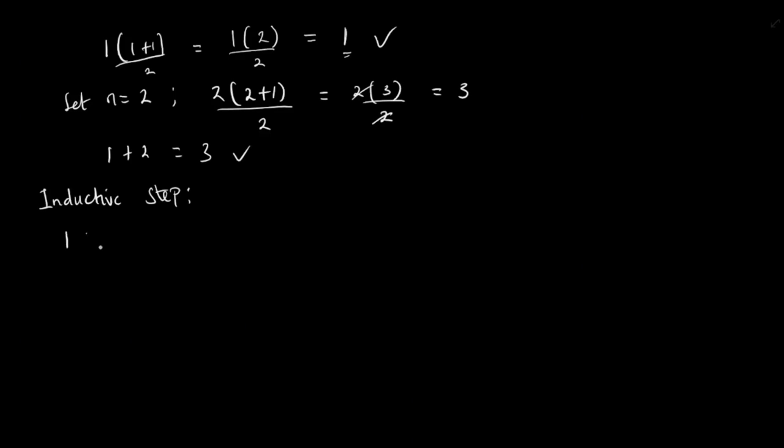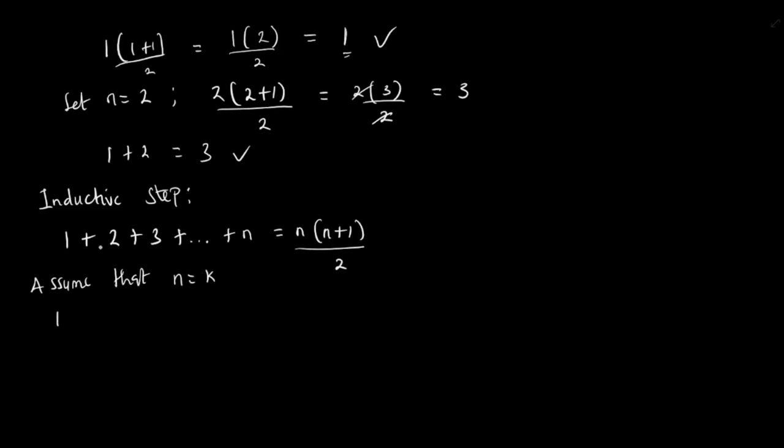The question says 1 plus 2 plus 3 plus all the way to n is equal to n(n plus 1) over 2. So the inductive step says we assume that n is equal to k. So if n is equal to k, then the equation becomes 1 plus 2 plus 3 plus all the way to k, because n is equal to k.